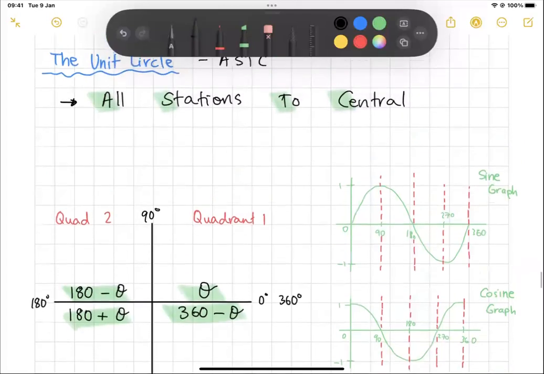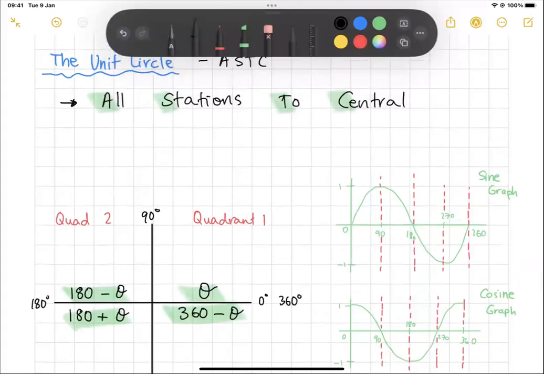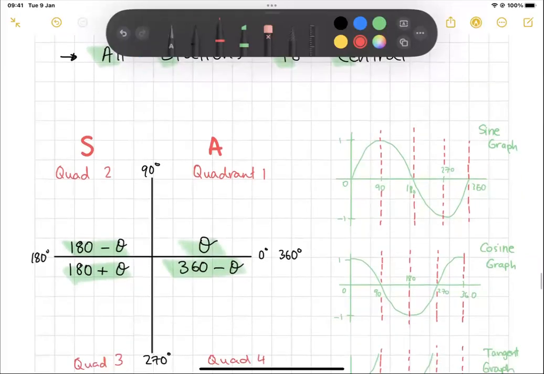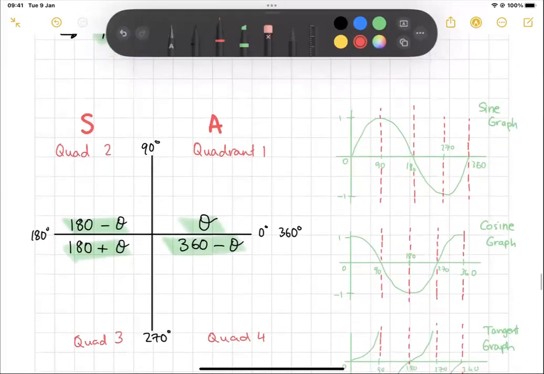All right, let's now use our acronym, All Stations to Central, and what does that mean? It means that all the ratios in quadrant 1, so sine, cos, and tan, are positive. For the second quadrant, stations means that sine is only positive. Quadrant 3 means that tan is only positive.